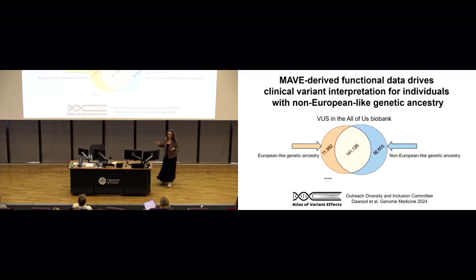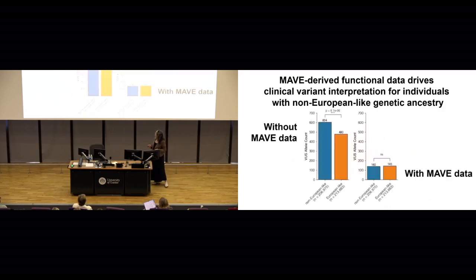And for the 18,000th time in Genome Medicine, we found that the burden of variants of uncertain significance was higher in people who had non-European-like genetic ancestry, right? This was not surprising. But what we did was we then applied the multiplexed data, so data for 3 genes, BRCA1, P53, and PTEN, so these are all cancer-related.